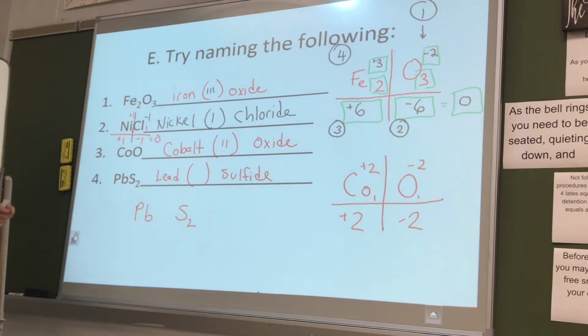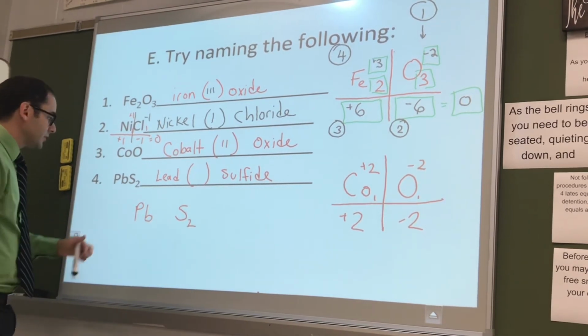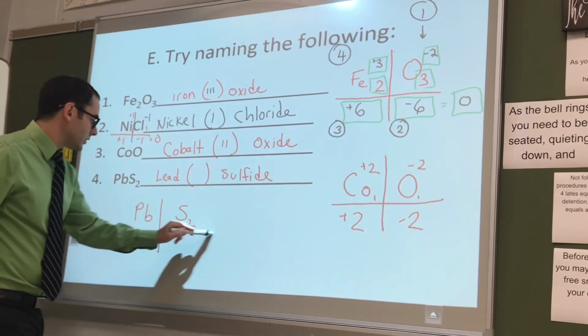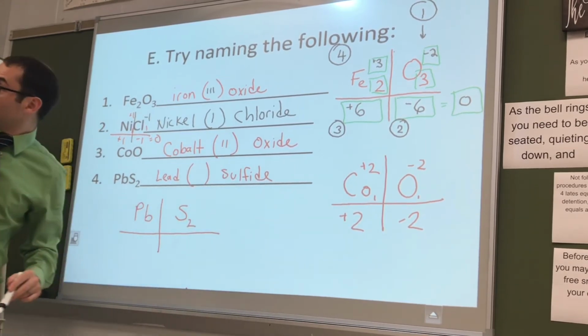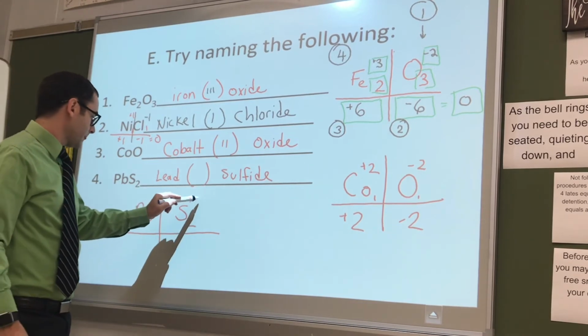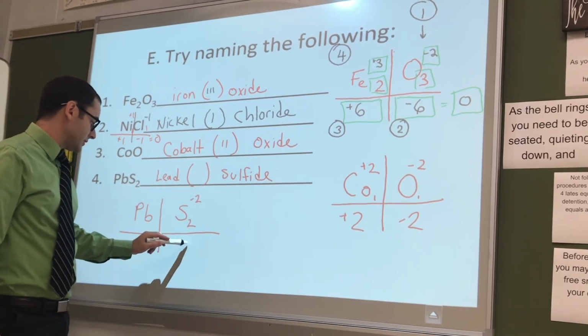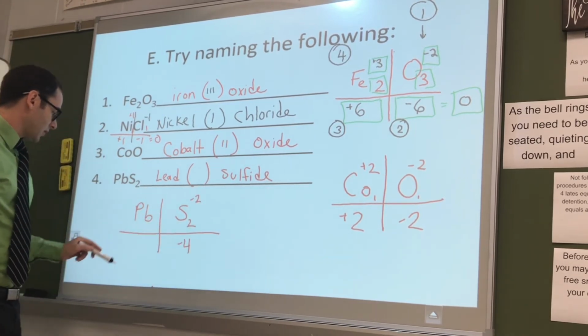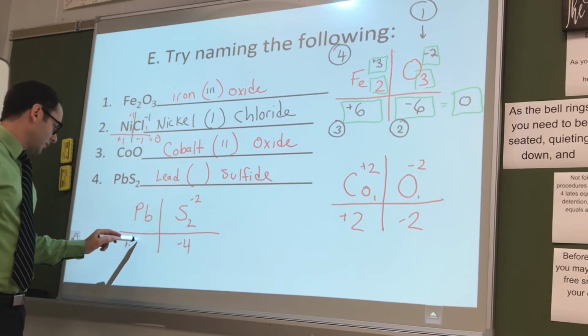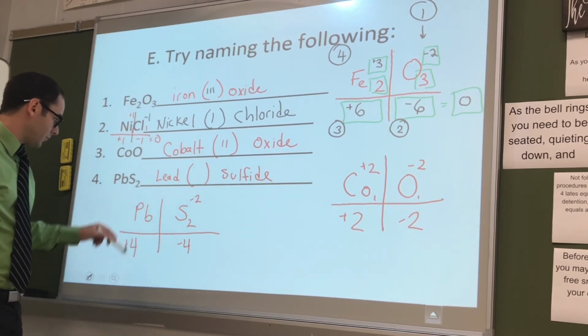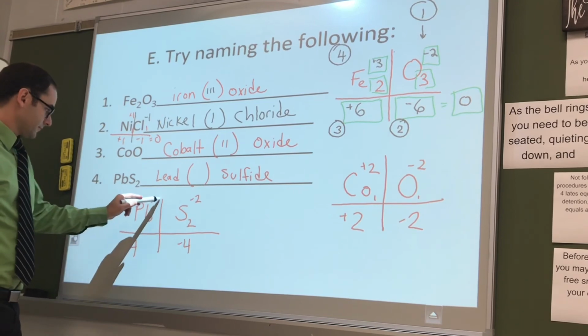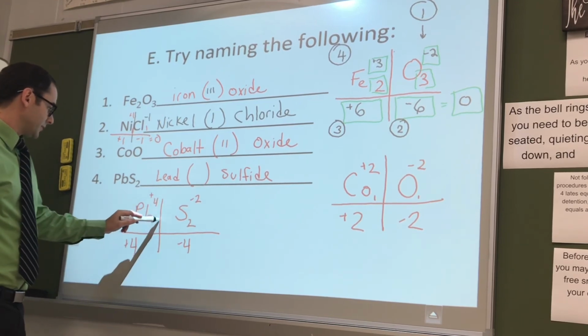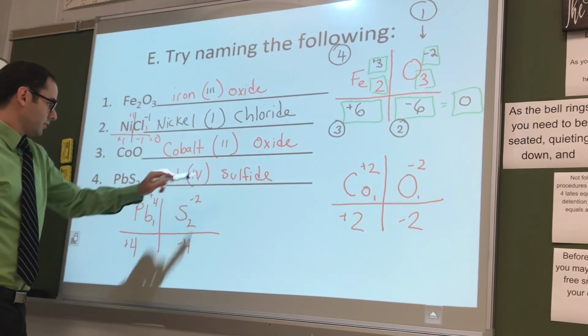This is sulfide. Okay, so let's figure out some charges. What's sulfide's charge? -2. -2 times 2 is -4, and that means that this has to be +4. What's going to go up on the top? That's right, it's going to be +4, right? Because this was a 1. And there's your 4.